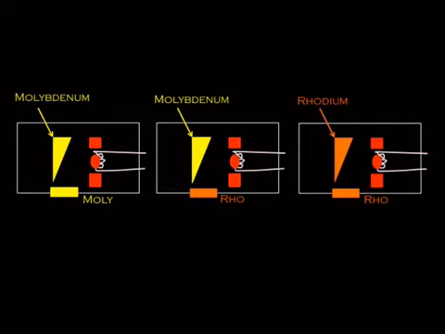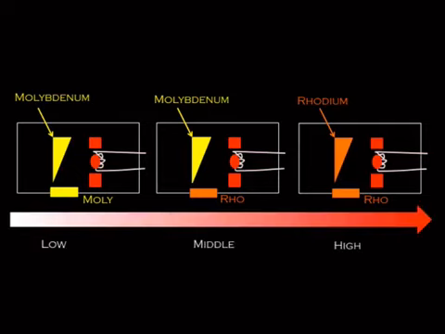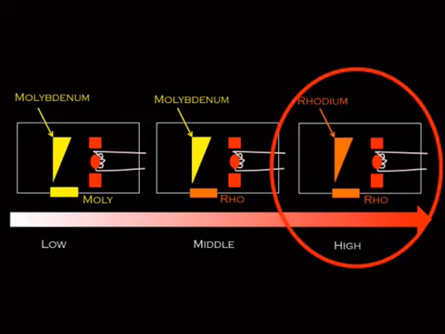And they're increasingly stronger in their energy as we go across here. So rho is what you would use to row your boat across these denser breasts. That's the way that I remember that.